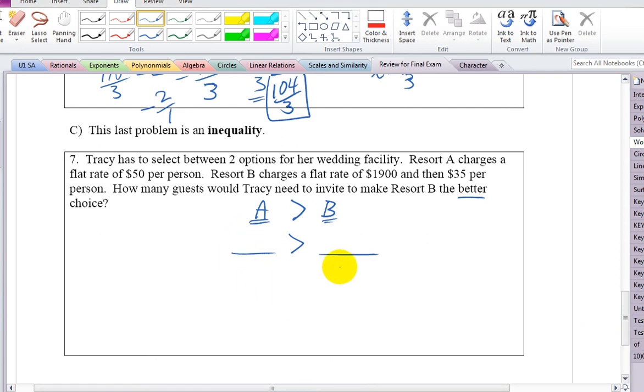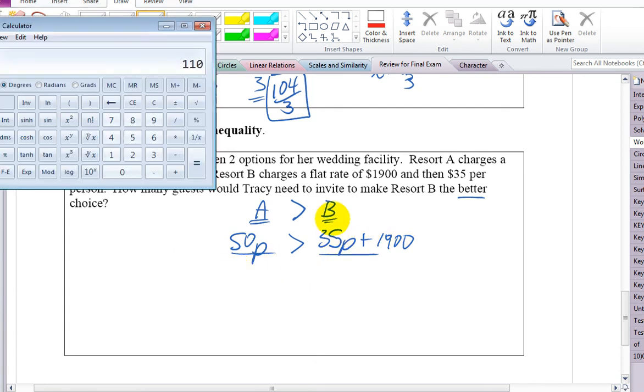Okay, so Resort A will be $50 per person. Resort B is $35 per person plus $1,900. Initially it's really expensive because of the flat rate or constant cost. But move 35 over, and I'll use my calculator.